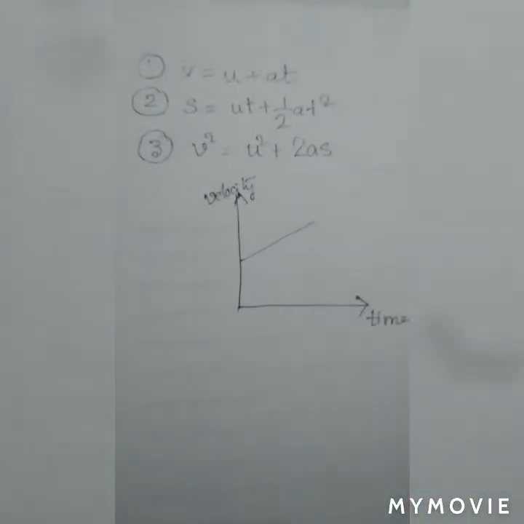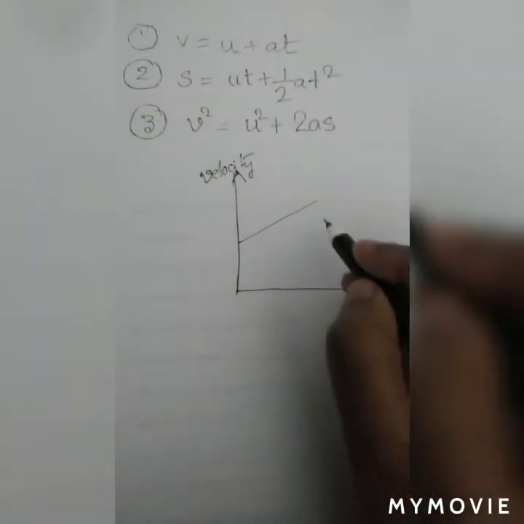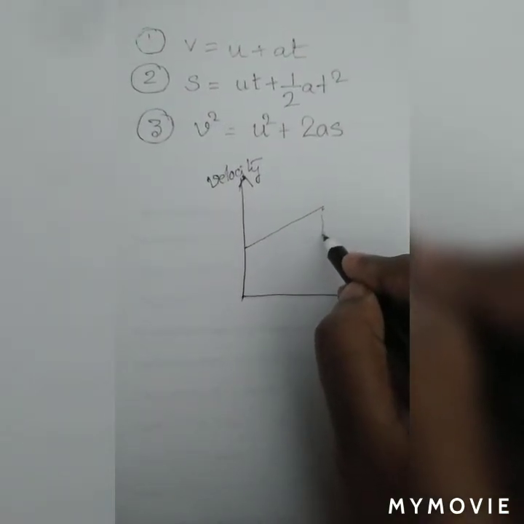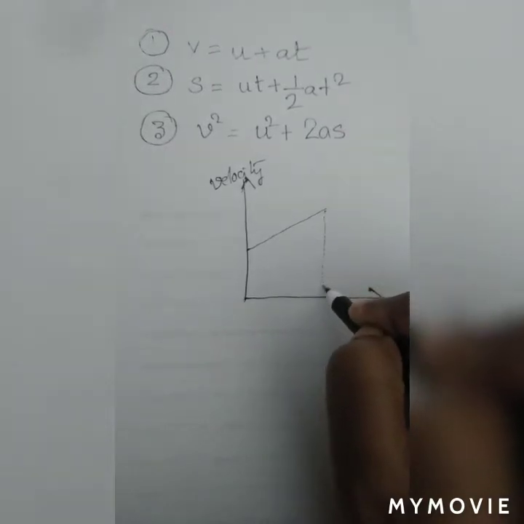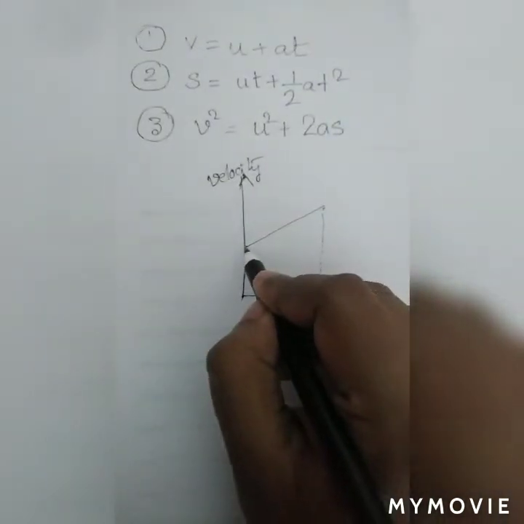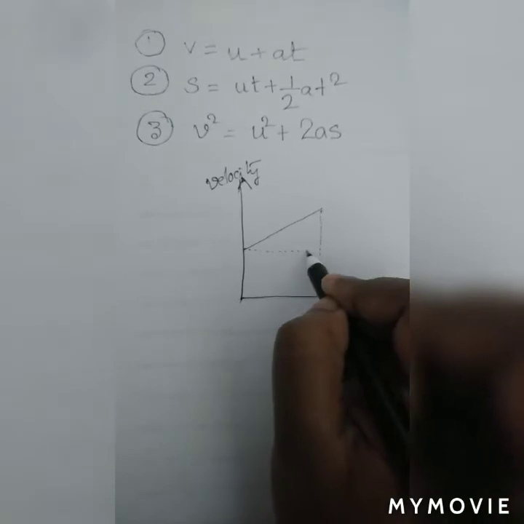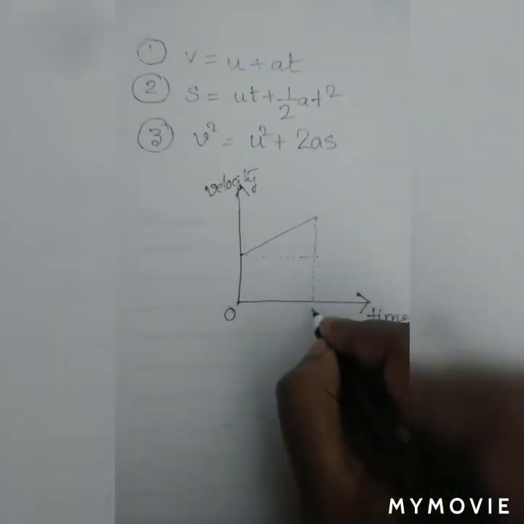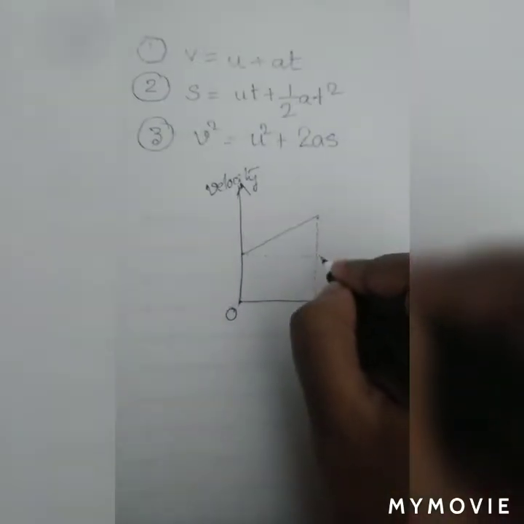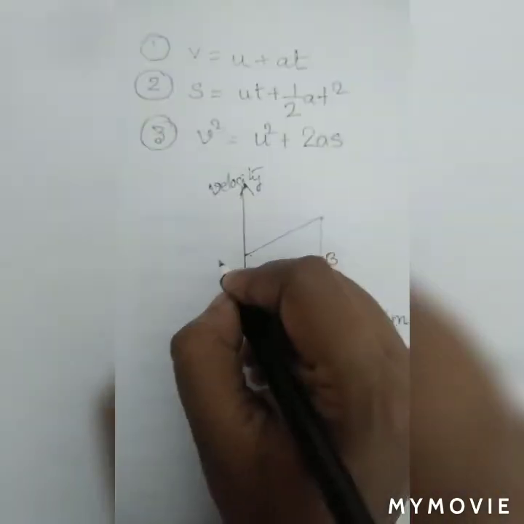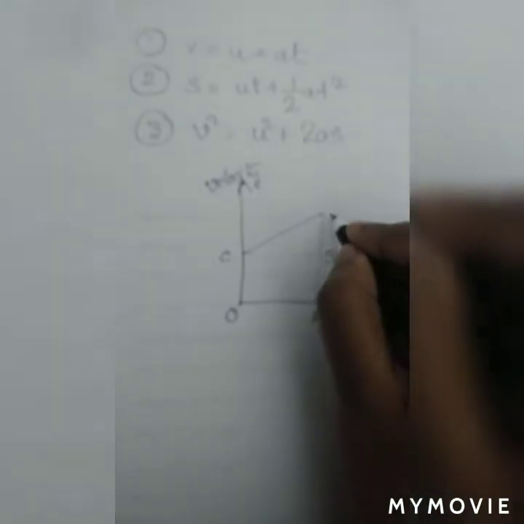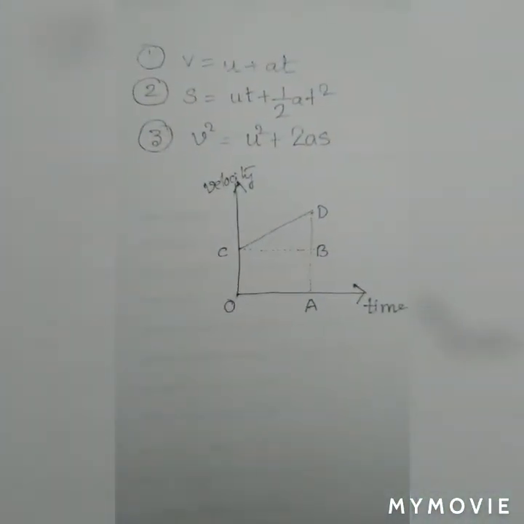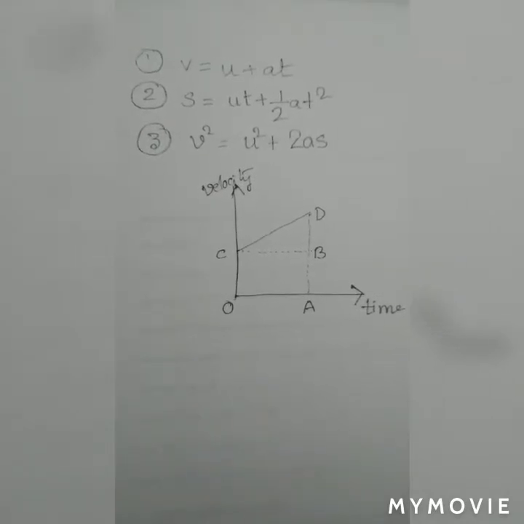It is something like this. So in this case, I will extend it to the x-axis, and this I will extend over here. Let me name this O, A, B, C, D.